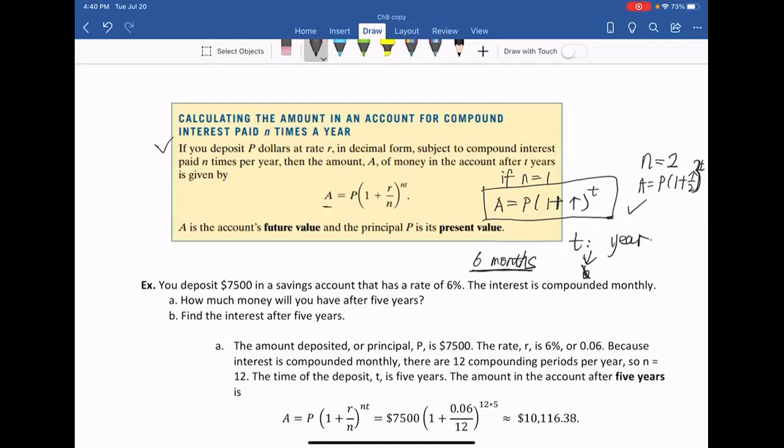That's 1/2 or 0.5. So when you see the information in the question, remember the t's unit is year. When you see after 6 months, how much future value can you get, the t you need to plug in is 0.5, not 6.